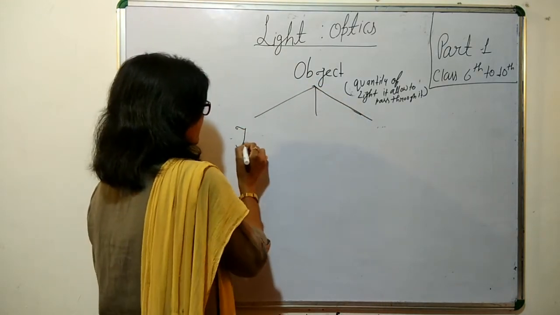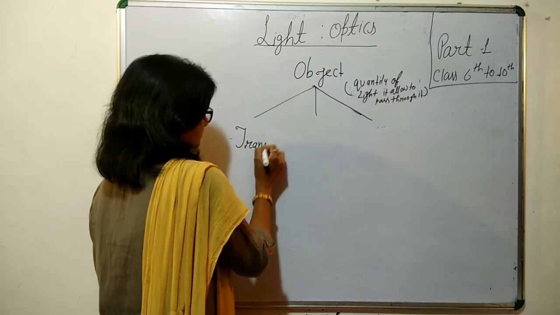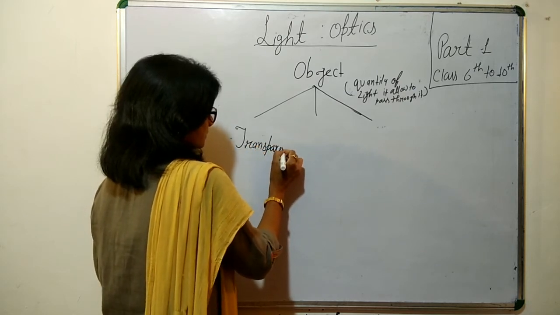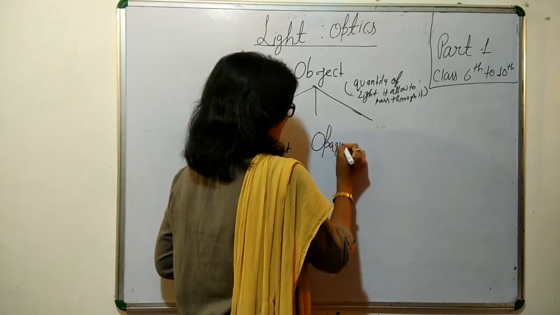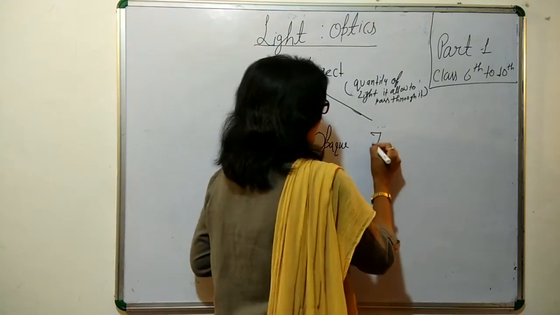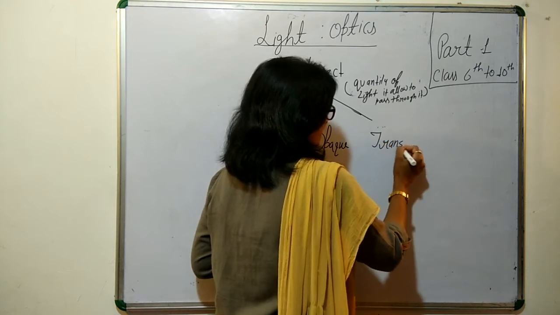First, it is transparent object. Second, it is opaque object. And third, it is translucent object.